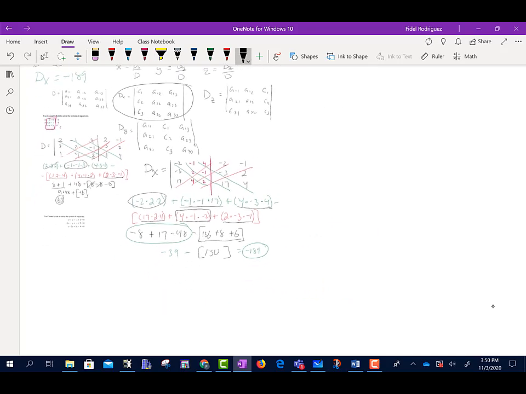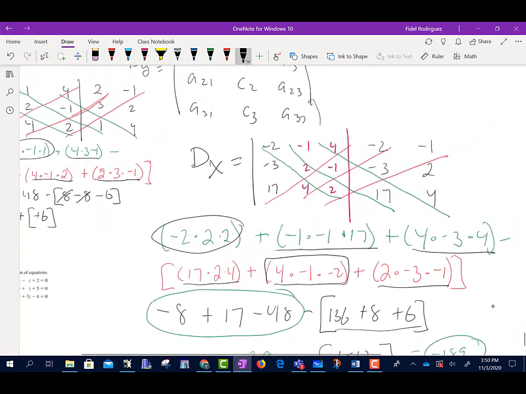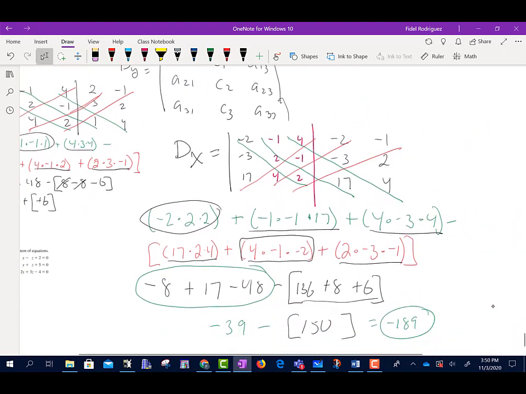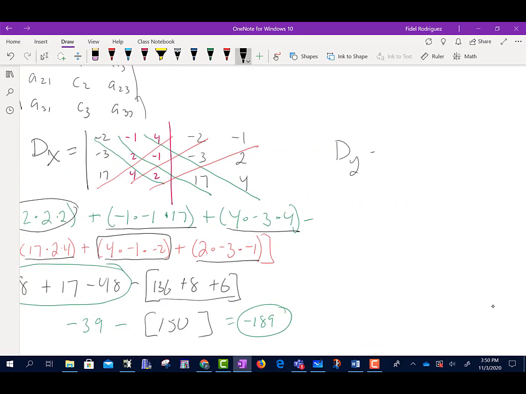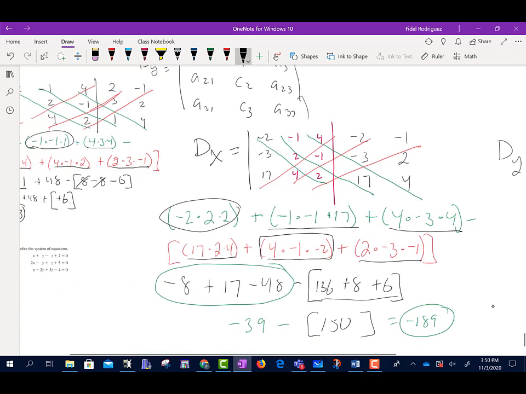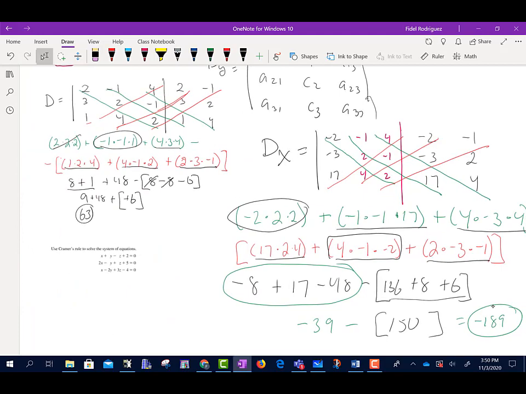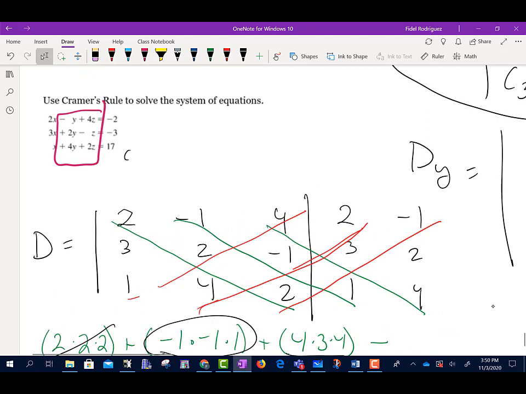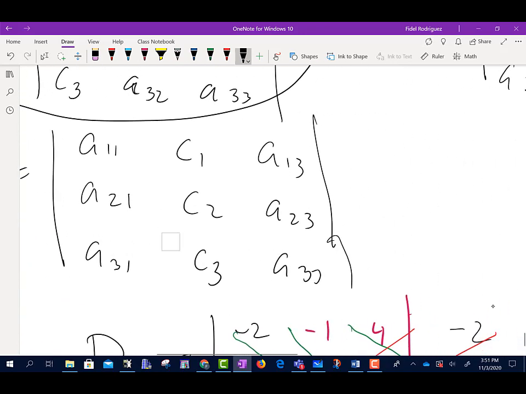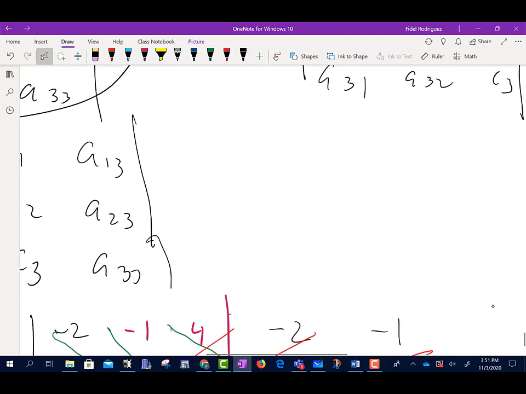Now I want to find dy. Okay, so I'm just going to move this over a little bit. dy is going to be equal to, okay, I'm going to use these same numbers here, 2, 3, and 1.